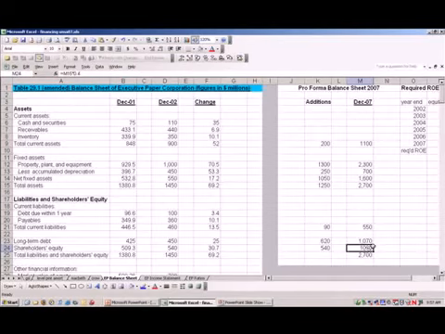The second one I want to calculate is the target current liabilities amount. Our debt policy indicated that we want $2 in current assets for every $1 in current liabilities.